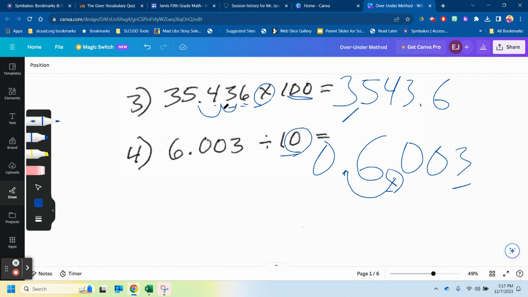If you're multiplying a decimal by a power of 10, you move to the right. When you're dividing, you count the number of zeros in the power of 10 and move the decimal point that many places to the left. There were two zeros in the first one, so I moved the decimal point 2 places to the right. There's 1 zero here, so I moved the decimal point 1 place to the left.